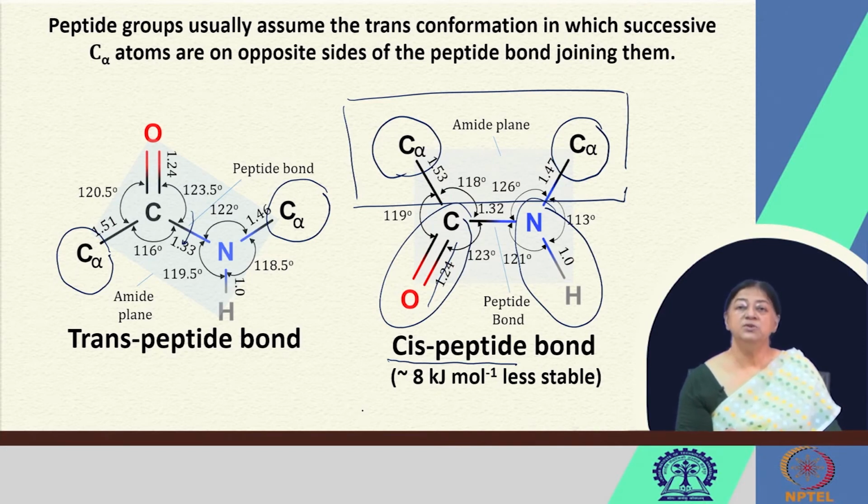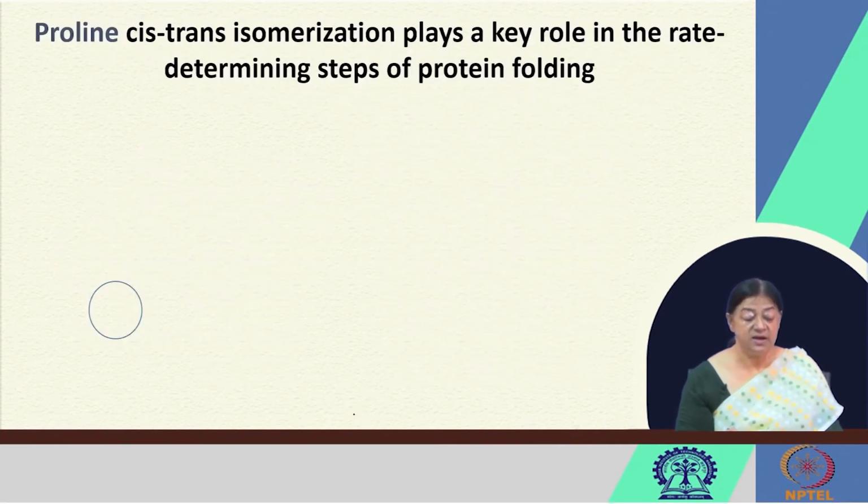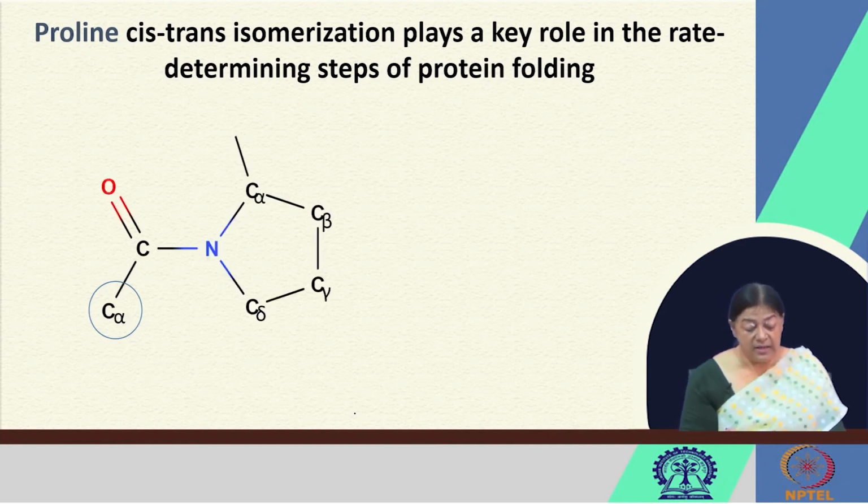The important or interesting characteristic here is what we see in proline. In proline, cis trans isomerization is an extremely important factor. This is the side chain of proline.